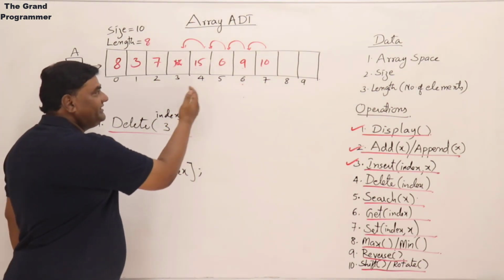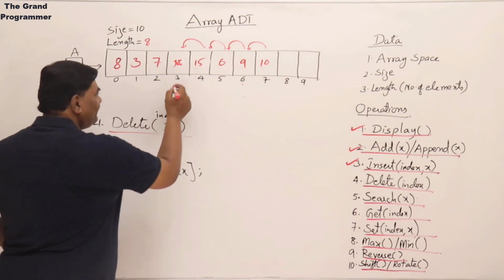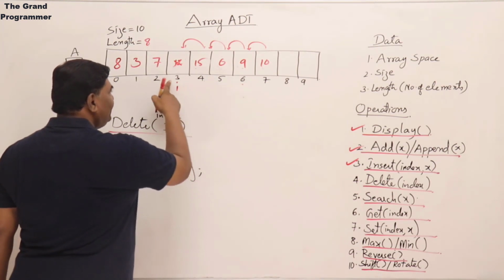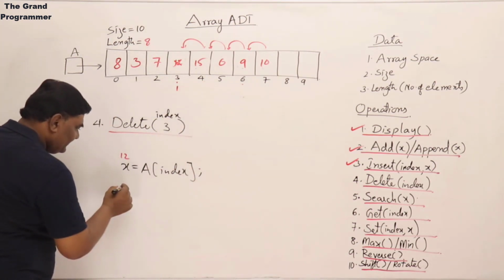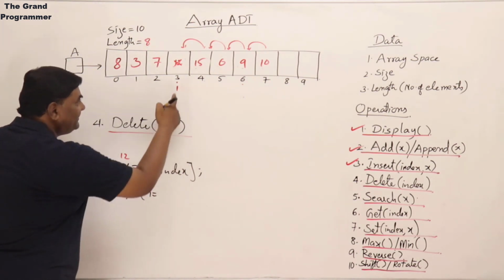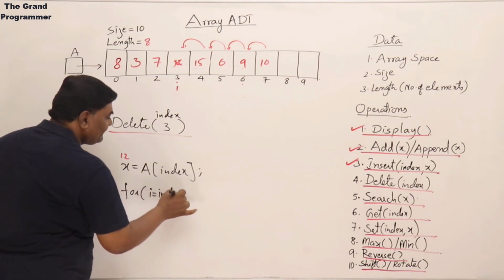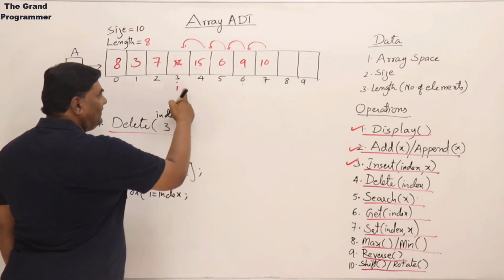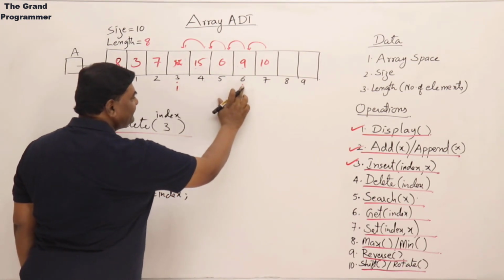So the shifting of these elements can be done using a for loop. Let us start I from the given index, and being at I here, it can copy the element from the next index. So let us write a for loop for I starting from the given index. This index is 3. So from index, where should I stop? It should stop at 6.